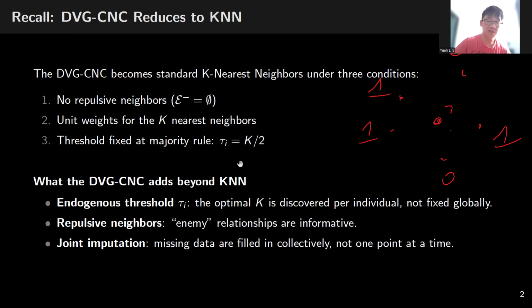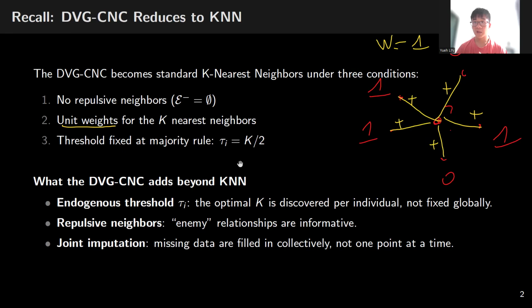So how can our voting game model replicate this? In each case of the missing data, we'll consider them all as friends. So these are five different friends, and the only friends for the node in the middle. We will make all the weights equal to 1, to simplify this. So no repulsive neighbors, only friends.